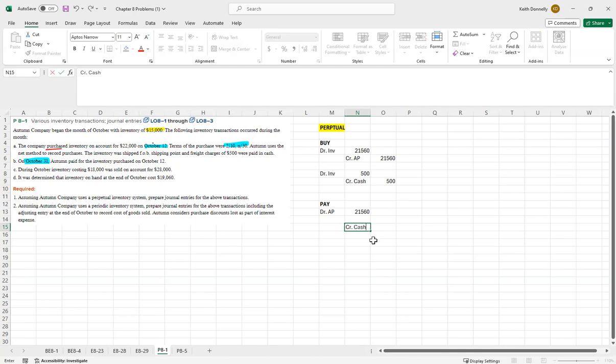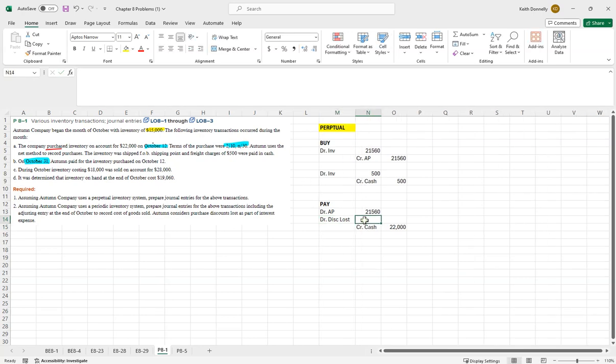Credit cash for 22,000, the whole shooting match. The difference is going to be the discount lost, in other words, what we thought we were going to get but actually didn't get, 440, which is essentially 2% of the amount.